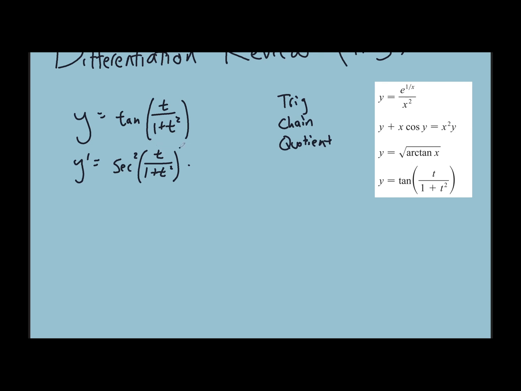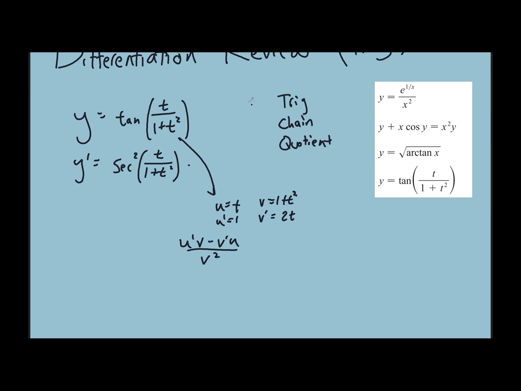So let's take this out here. What's our u? That's t. u prime is 1. v is 1 plus t squared. v prime is going to be 2t. The quotient rule is u prime v minus v prime u over v squared.